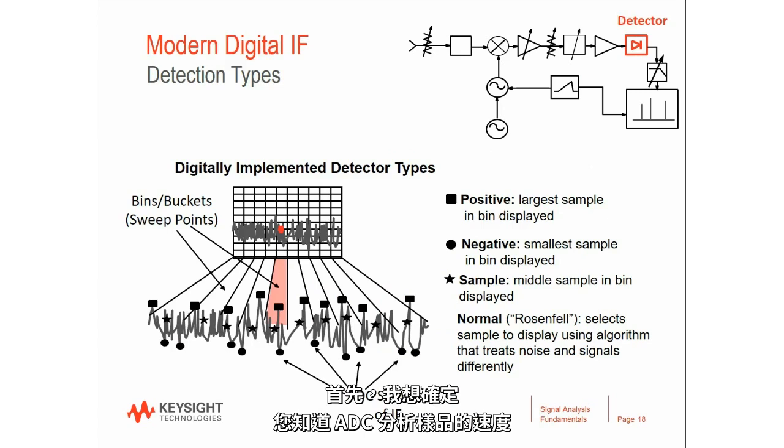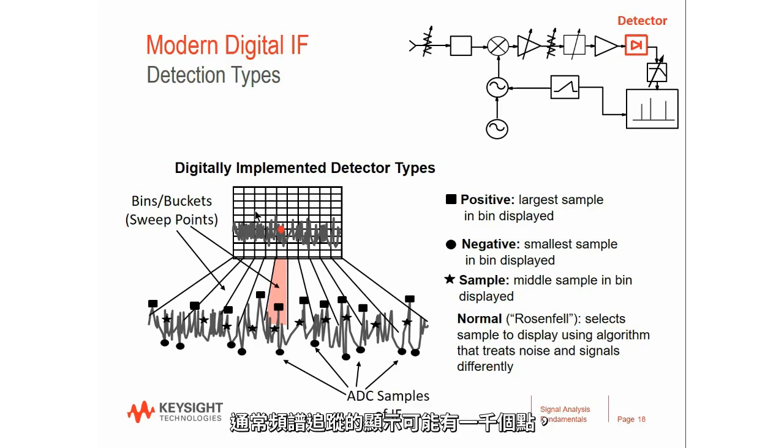The first thing I want to make sure that you realize is that the ADC is spitting out samples at a much higher rate than we'd ever want to display on the screen of our analyzer. A display of a spectrum trace might typically have 1,000 points to it. But for each one of those dots that we're going to paint on the screen, you might take, well, let's just say 10 or 100 ADC samples, and now you've got some choices to make.